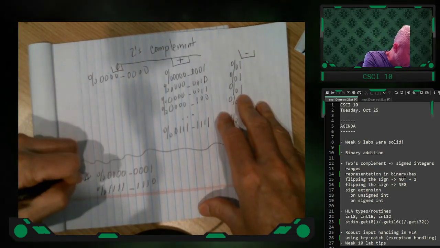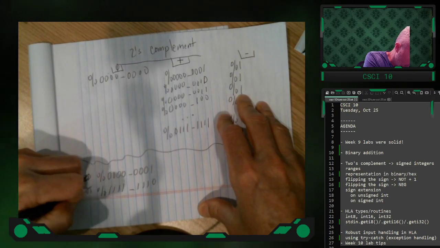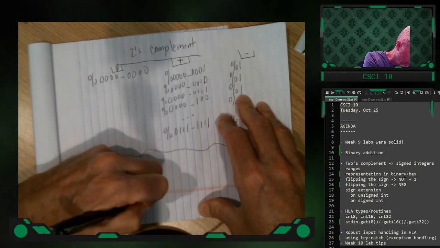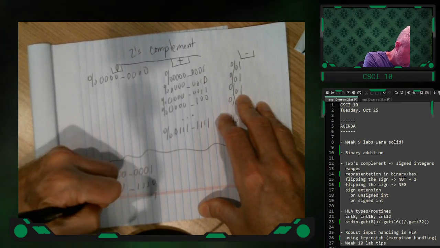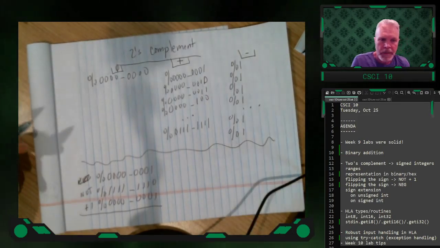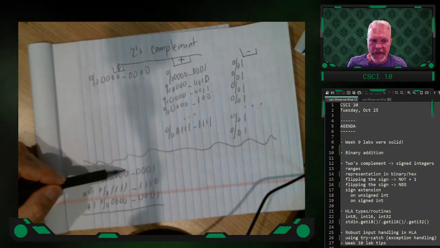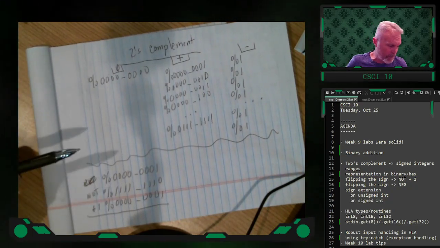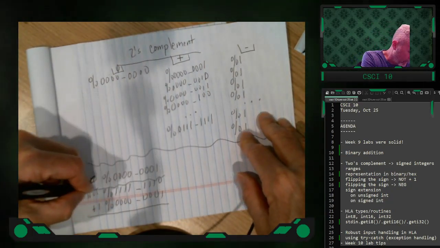So I not and then I add 1. So if I take the positive value, I not the bits and add 1, what I end up with is the negative value. So let's do the math.